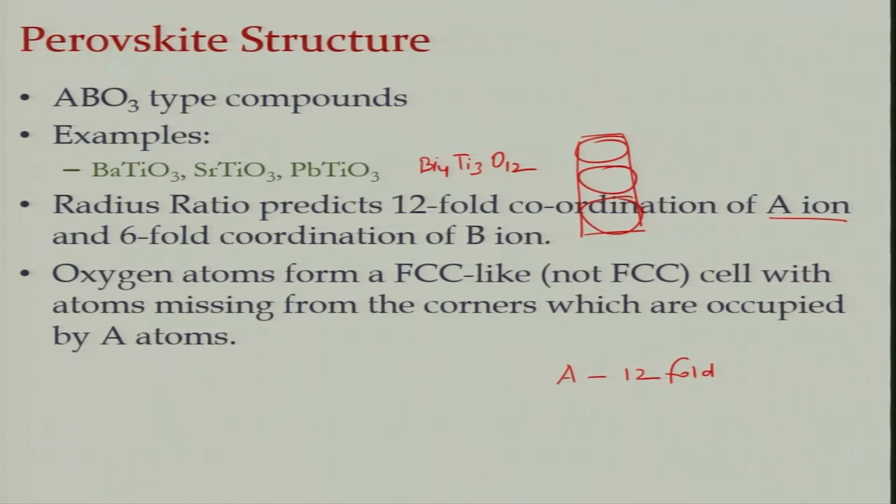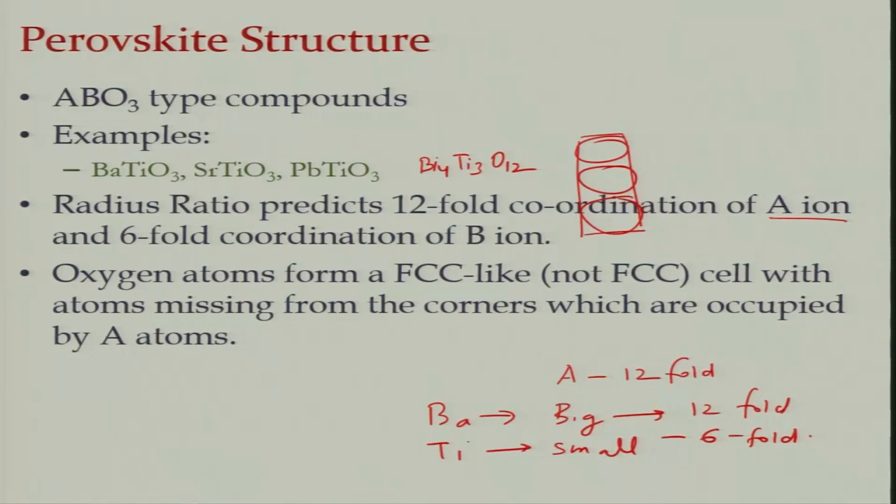So B is the smaller one, A is the bigger one. For example, if you look at barium titanate, barium is big and titanium is small. So this has 12-fold and this has 6-fold, and here oxygen atoms form an FCC-like cell.